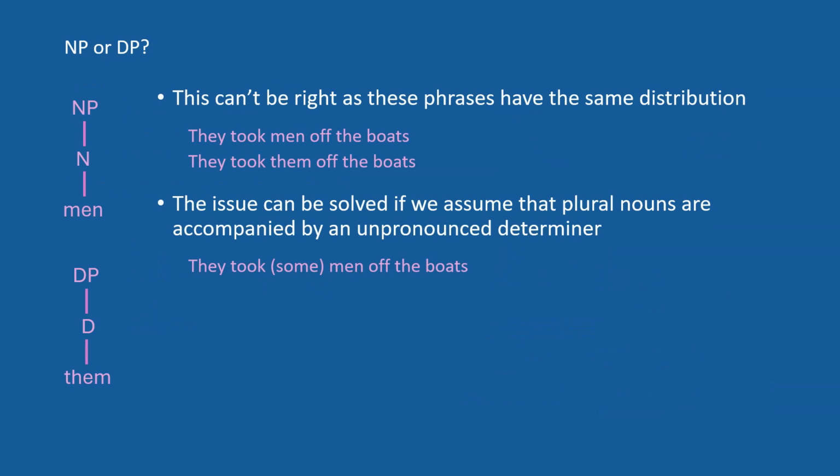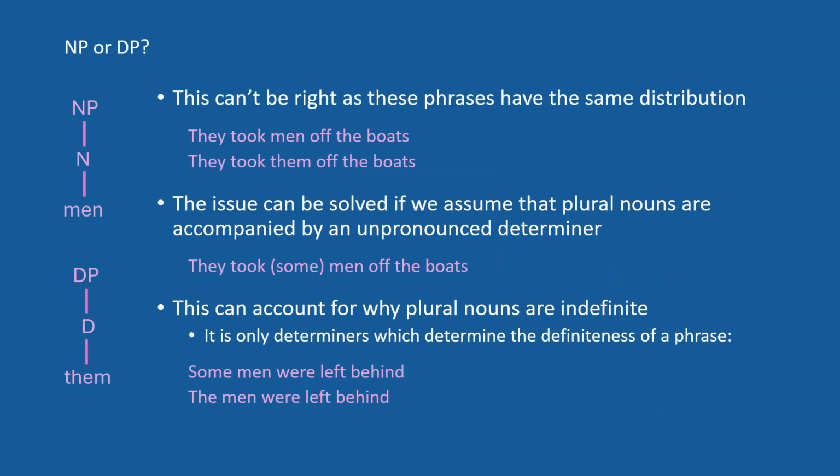Now, if we make that assumption, we can actually account for some strange observation about these nouns that appear all by themselves. That is, they typically have properties of either being indefinite or definite. So, for example, plural nouns, when they appear by themselves, are often interpreted as an indefinite phrase. Now, why would that be?